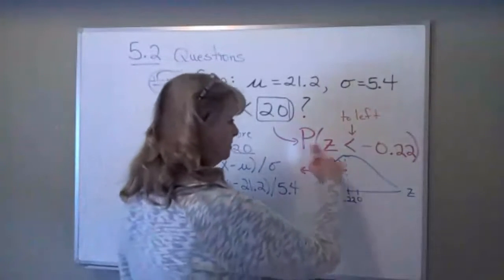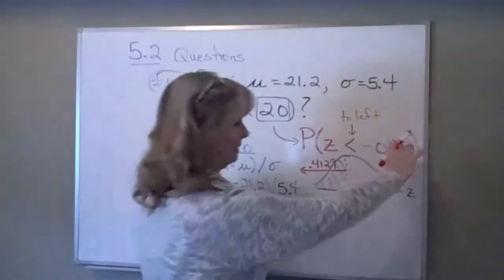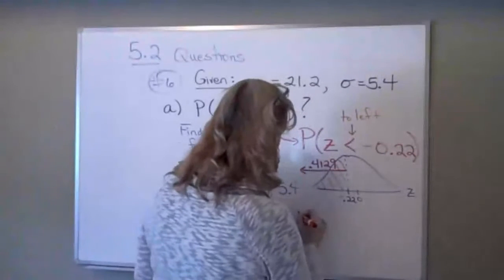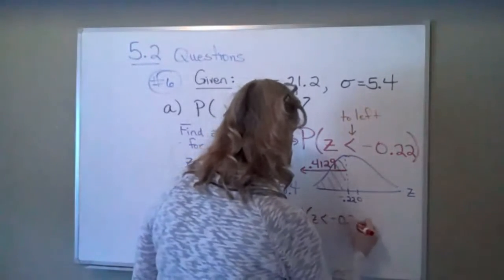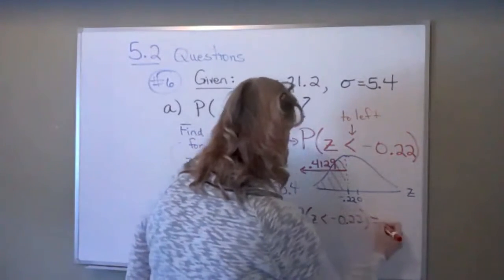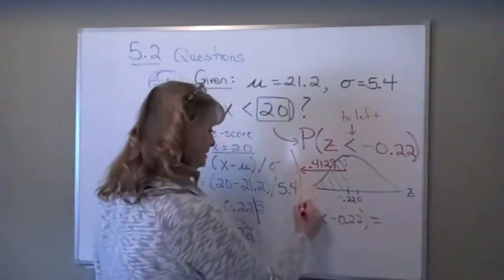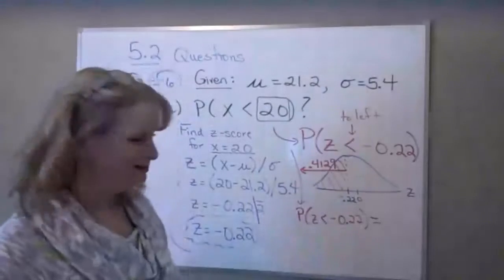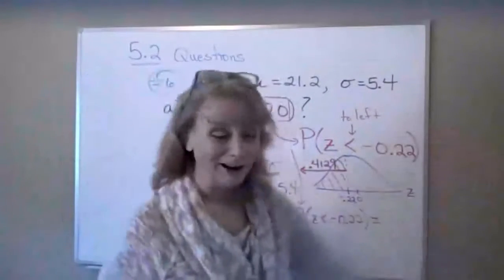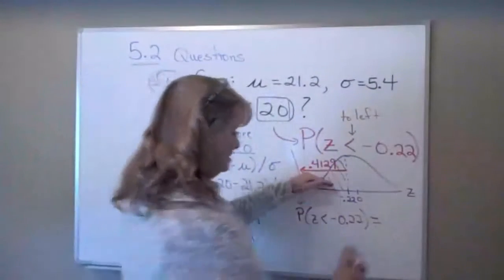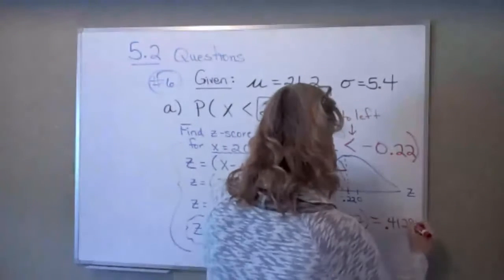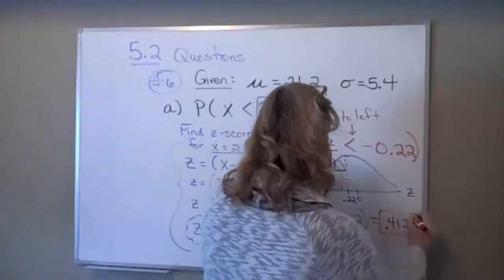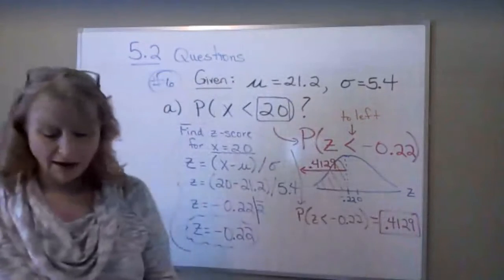So that means our probability, if I had room right beside that, I would write it right beside it. So I'm going to rewrite it, though, since I don't have room. So this probability, I just rewrote the question, because if I had room over here, I'd write it over there, equals 0.4129.